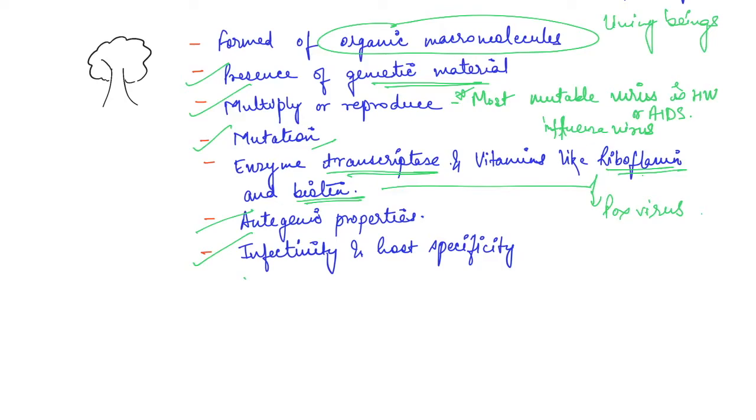There are certain points as well, like they can be killed by UV rays, X rays, or autoclaving. Okay, then they breed true to their type.